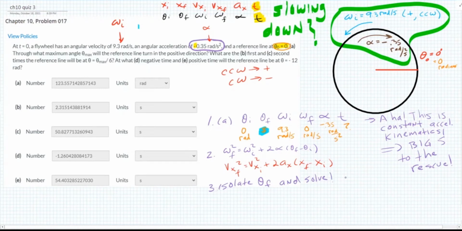Omega final, 0 squared. Radians. Okay. What's the first and second times the reference line will be at theta max over 6?